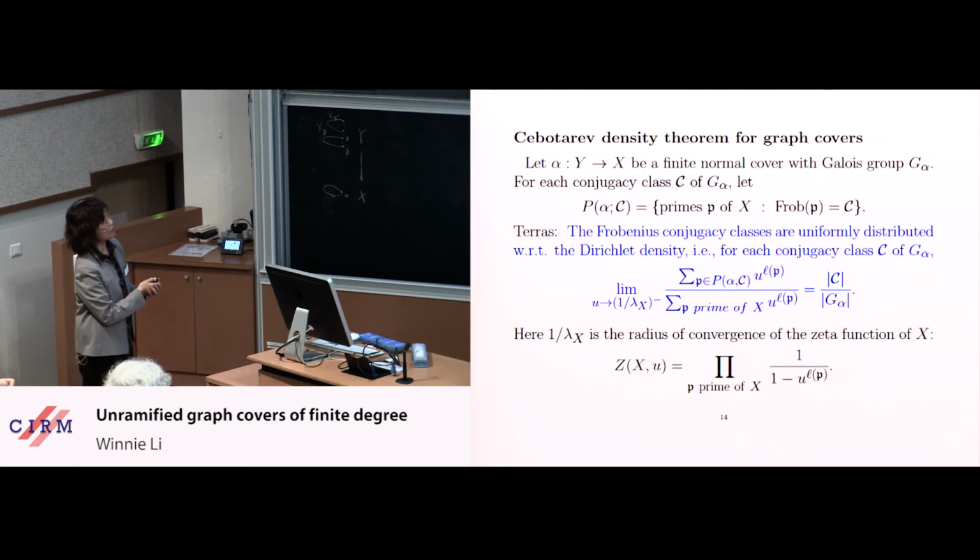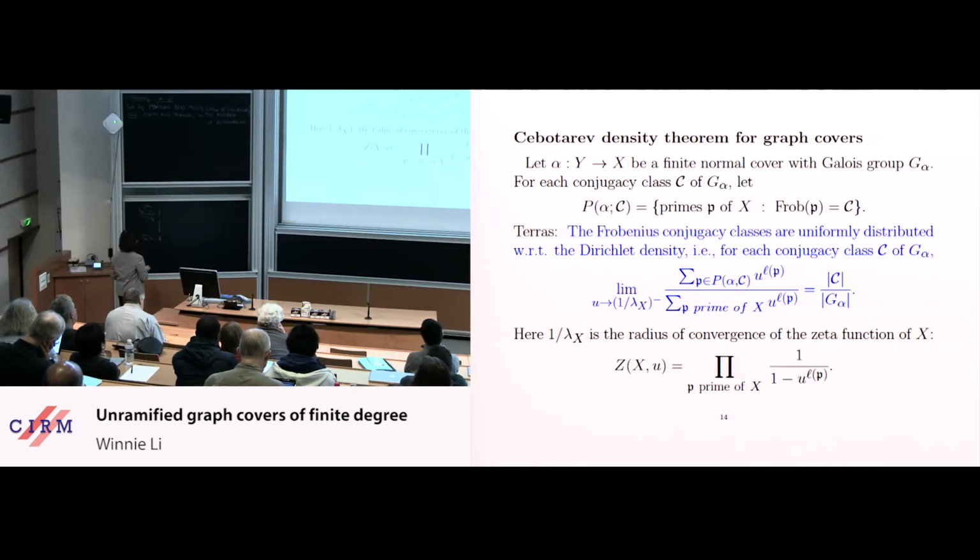To a graph X, we can define a so-called zeta function. It's a product over all the primes of X of 1 over 1 minus u to the length of the prime. This infinite product converges for the absolute value of u small.